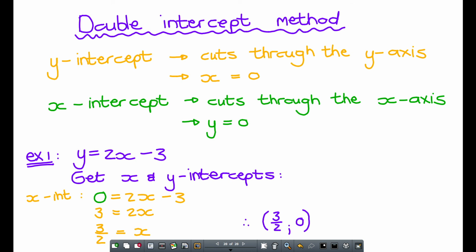Hands up, we're still copying. Tell me when you're done. Done.